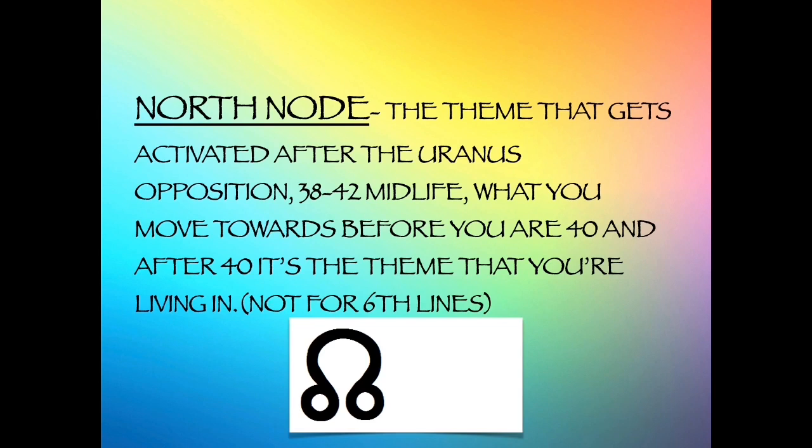The nodes are always going to be part of your life. They don't go away. Just because it's a theme for the second part of your life doesn't mean that the South Node, which is considered the theme before your Uranus opposition, goes away. They do still work. They're always going to be there, but then that theme gets more activated.